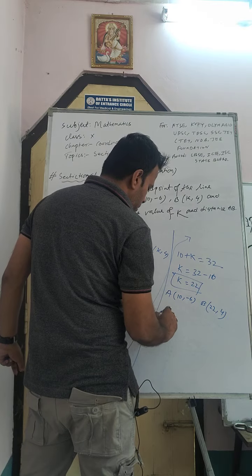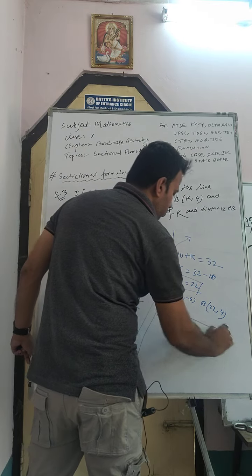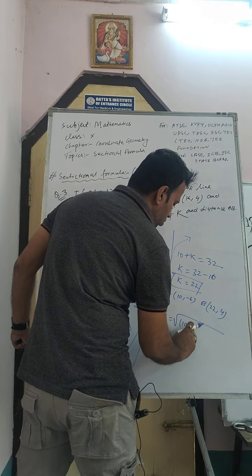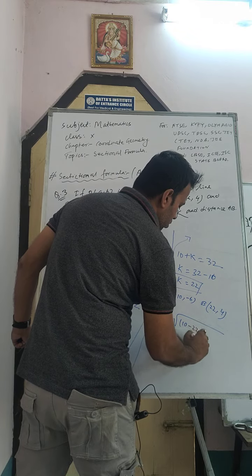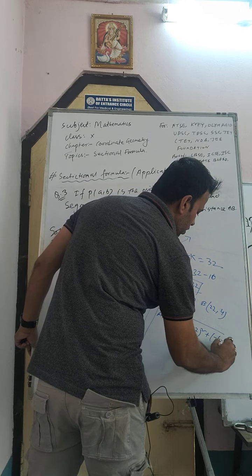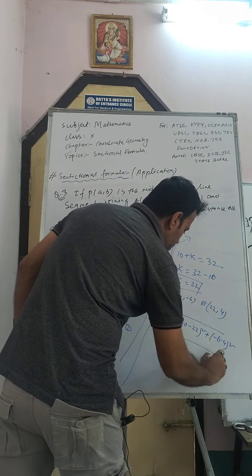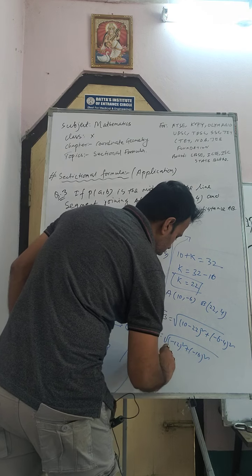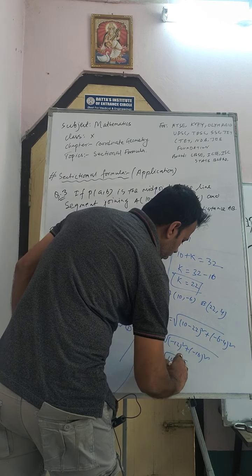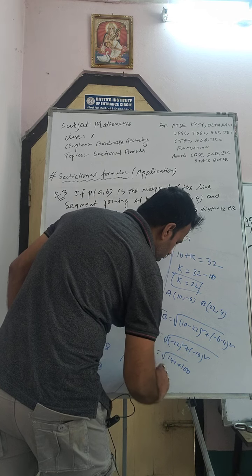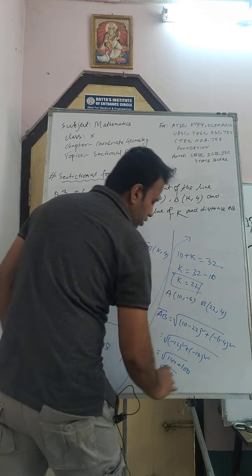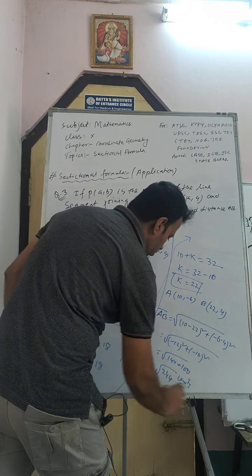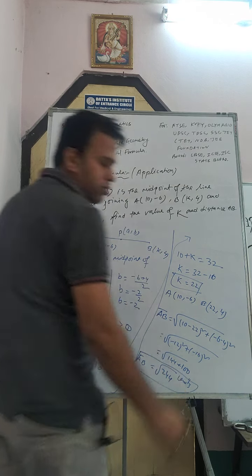Distance AB is equal to the square root of (x1 minus x2) whole square plus (y1 minus y2) whole square, that is 10 minus 24 whole square plus minus 6 minus 4 whole square. So we get minus 14 whole square plus minus 10 whole square, so this will be 196 plus 100, that is 296 units.